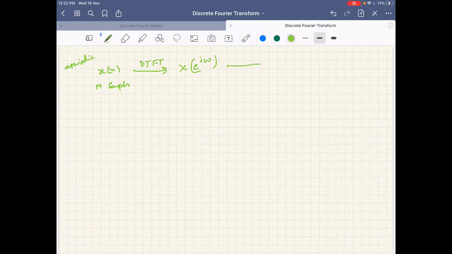Then if we do sampling with n samples, what we get is x tilde of k, and from this the IDFS gives x tilde of n, which is the summation of x of n minus Rn, r equal to minus infinity to infinity.